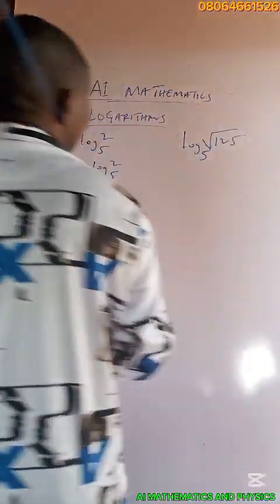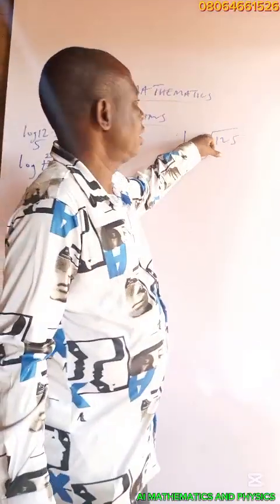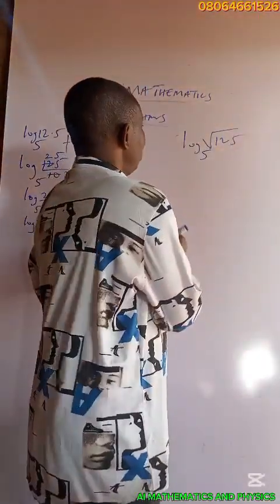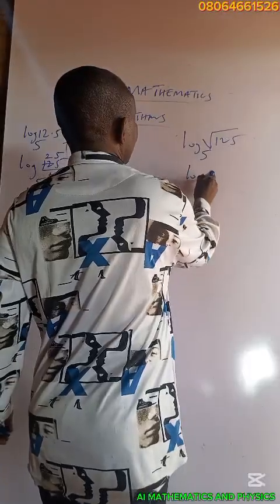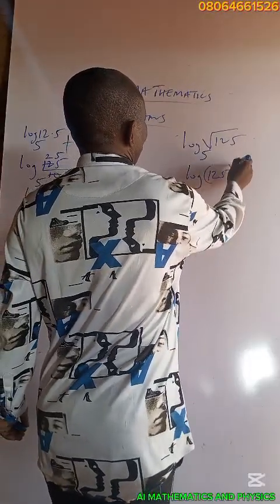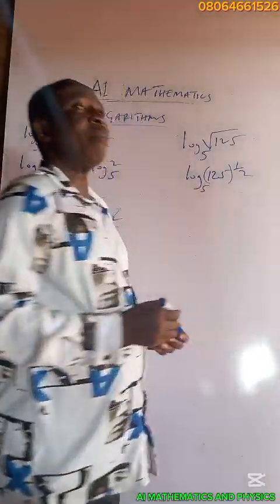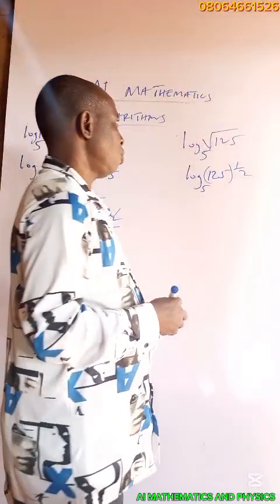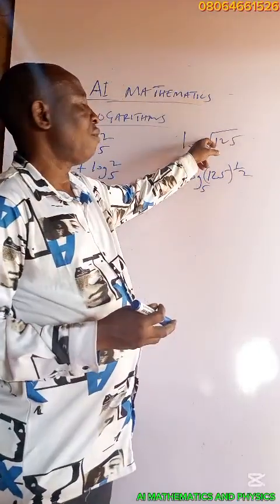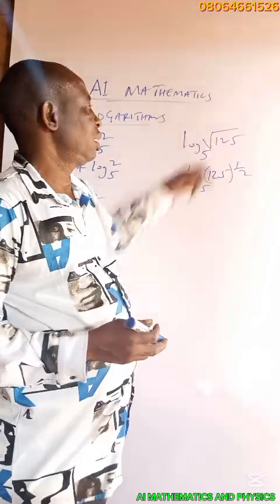To do this, you have to remove this square root sign. What you can do is write 125 raised to power 1 over 2 base 5. If you remember the law of indices very well, this is the 2, and they don't usually write the 2 inside it.